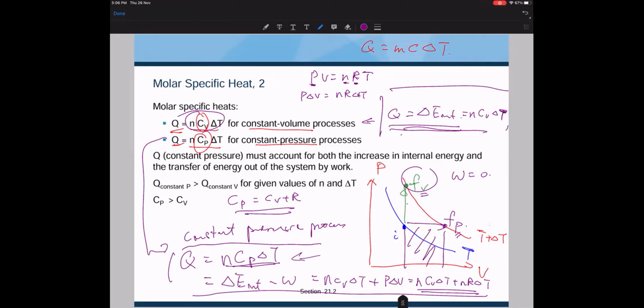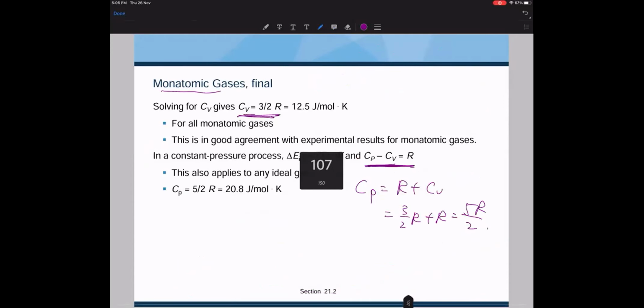But the Q is equal to, according to the first law, internal energy change minus W. W in the constant pressure process is P delta V, which is equal to nR delta T. So that is why we get the equation.